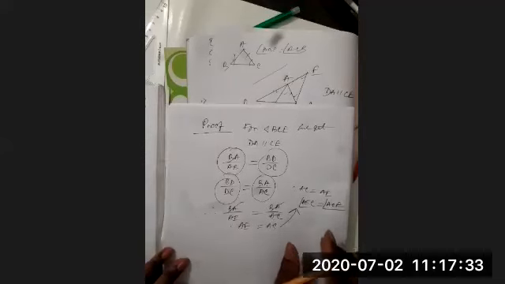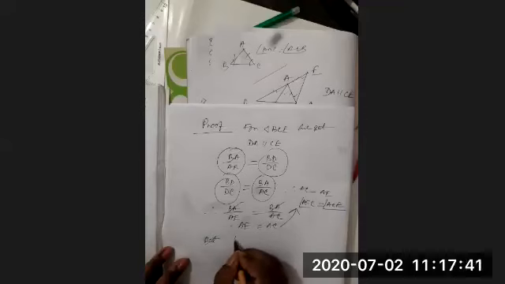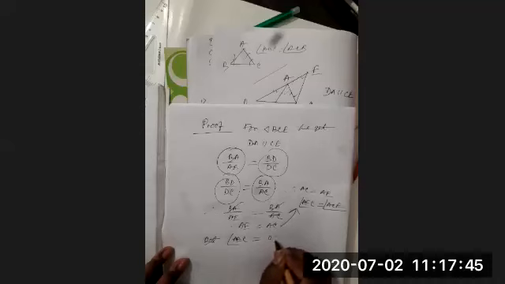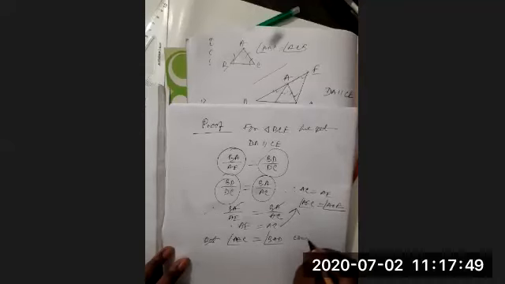By the property that base angles of isosceles triangles are equal. But we know that angle AEC equals angle BAD, because both are corresponding angles. How can we write these two angles are equal?